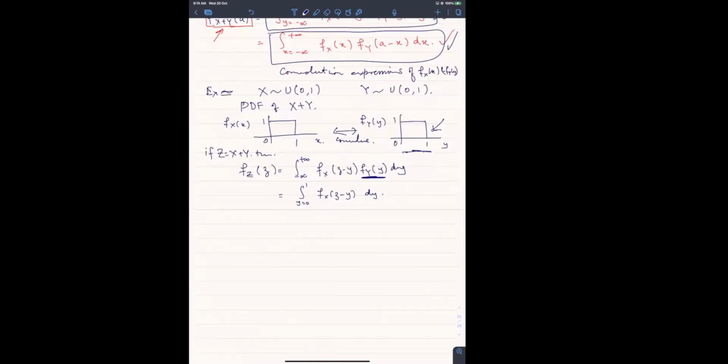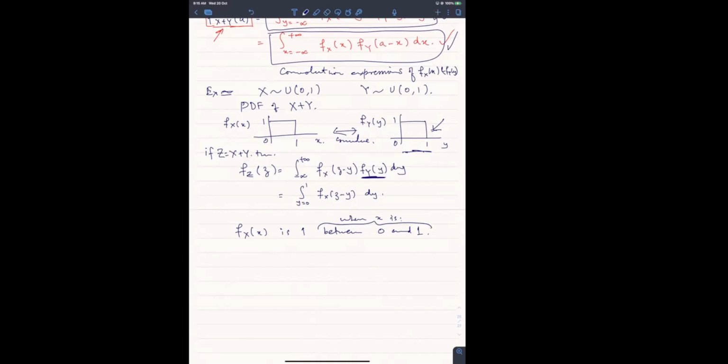What about this guy? Now we know that fX(x) is 1 when x is between 0 and 1.